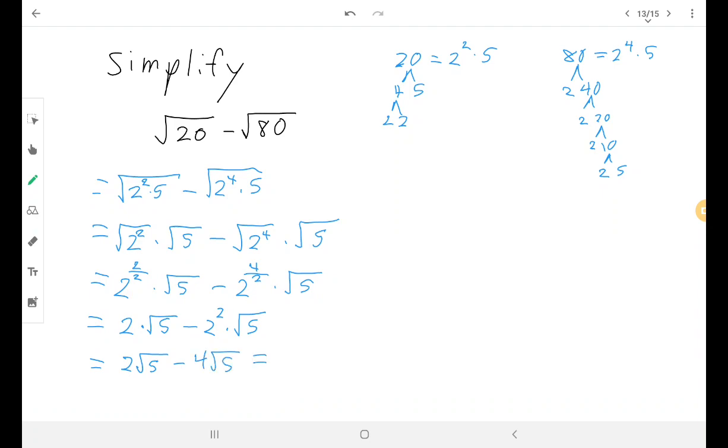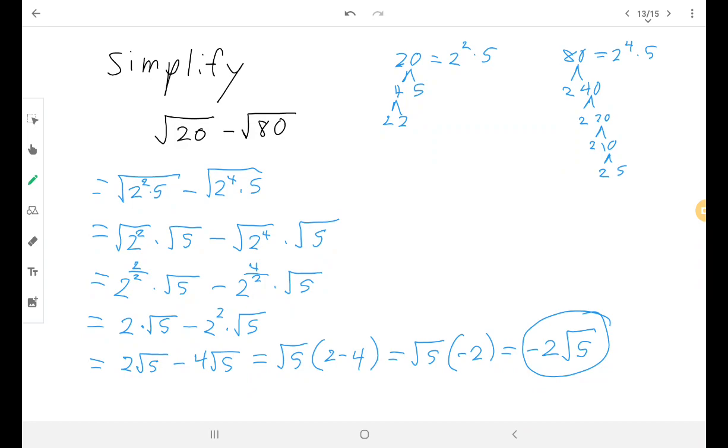And so I could factor out the square root of 5 and have 2 minus 4, which is square root of 5 times negative 2, which I could write as negative 2 times square root of 5. Or you could have just done 2 minus 4 times square root of 5, right? I'll pause for a moment, let you look at that, and let's move on to the next board.